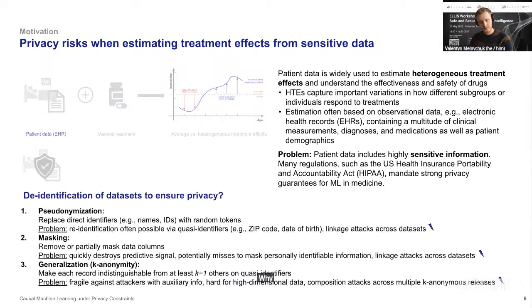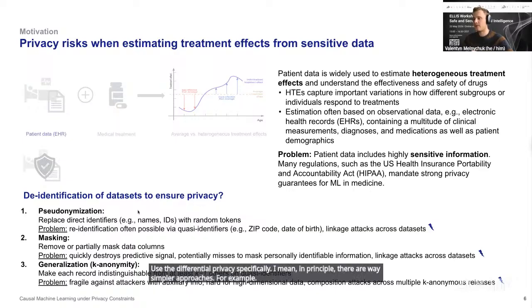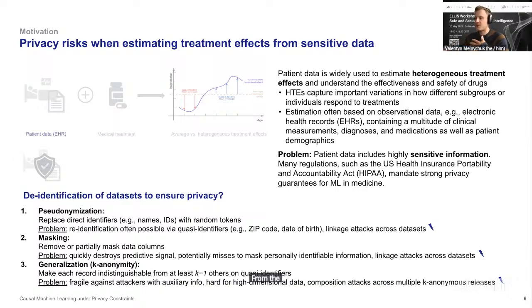Why do we want to use differential privacy specifically? In principle, there are way simpler approaches. For example, you can have pseudonymization. You just remove some direct identifiers like names or IDs from the data set, or you change them with some random tokens.